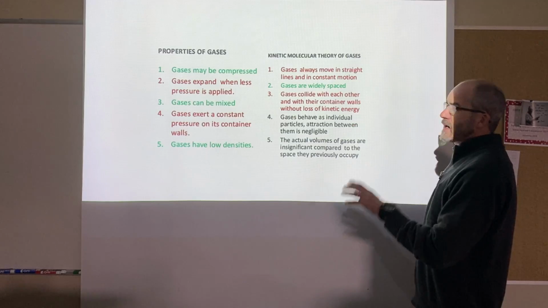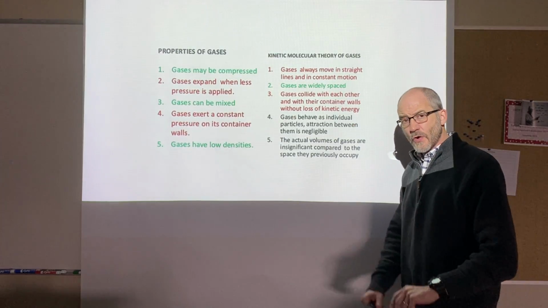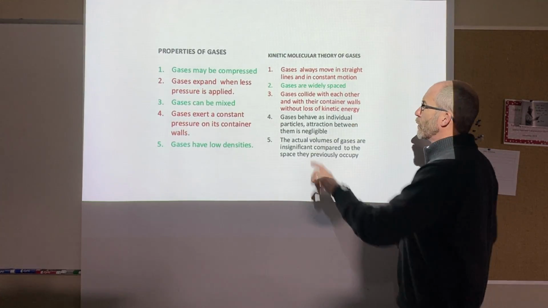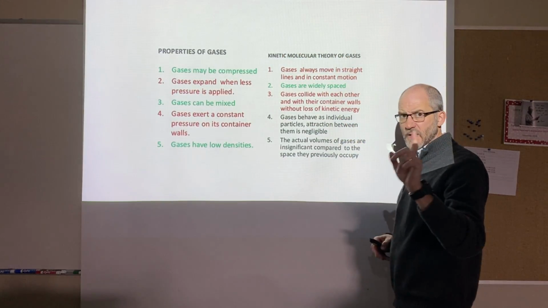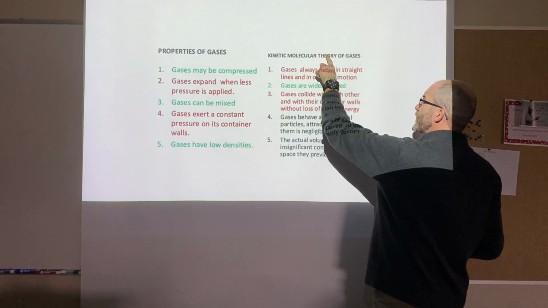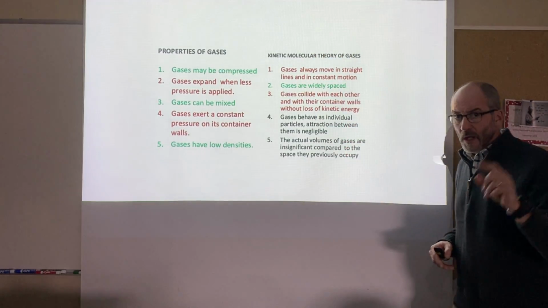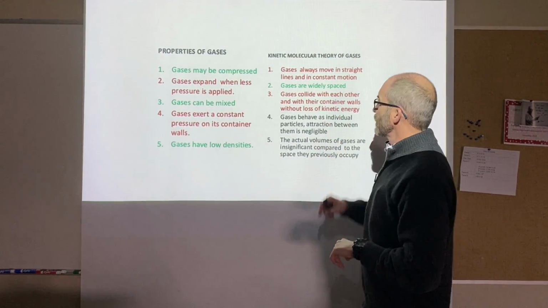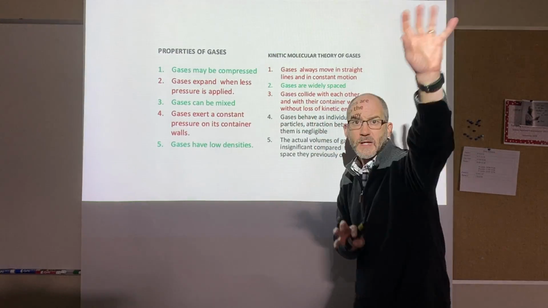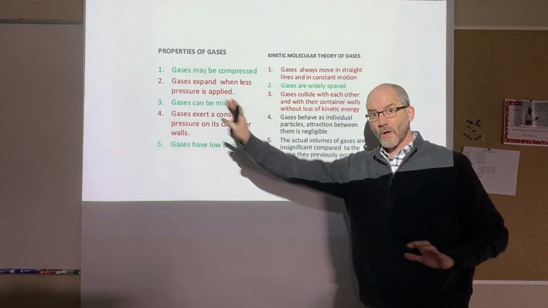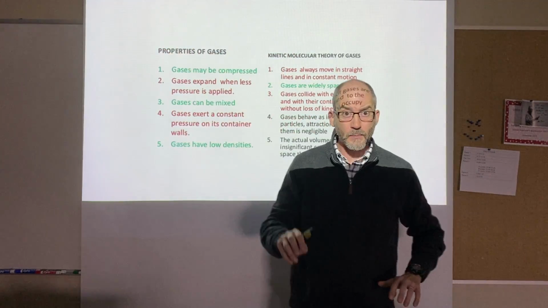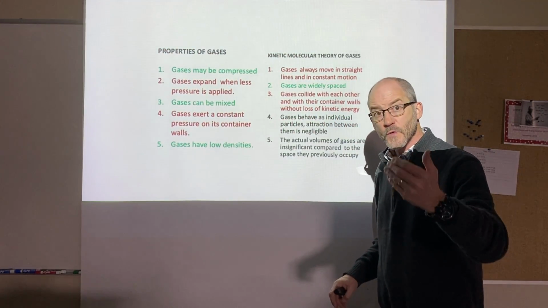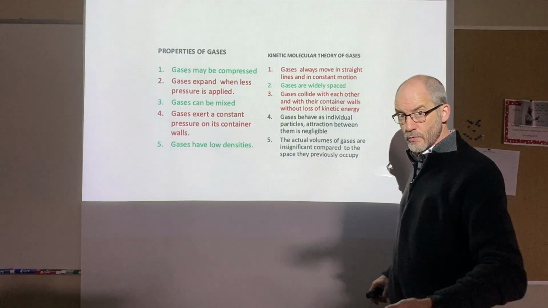All right, now what I want to share with you next are some facts related to the kinetic molecular theory of gases. Number 1, we consider gases to move in straight line paths, and as they're moving in those straight line paths, those molecules are in constant motion.